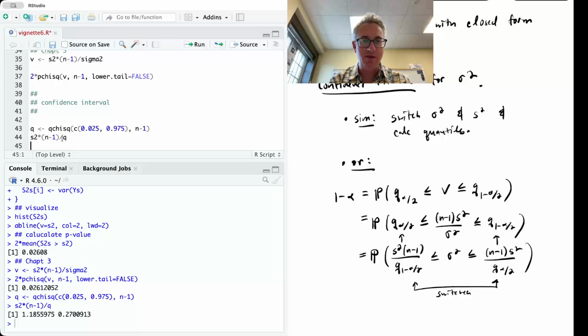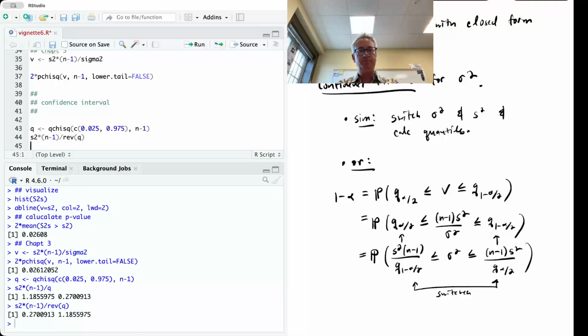So if you want to get it the right way around, you can just reverse these quantiles. Okay, so that's a confidence interval. And you can use this number to check your work on the homework problem to make sure you're getting the right confidence interval with your simulation. All right, so that wraps up one sample.